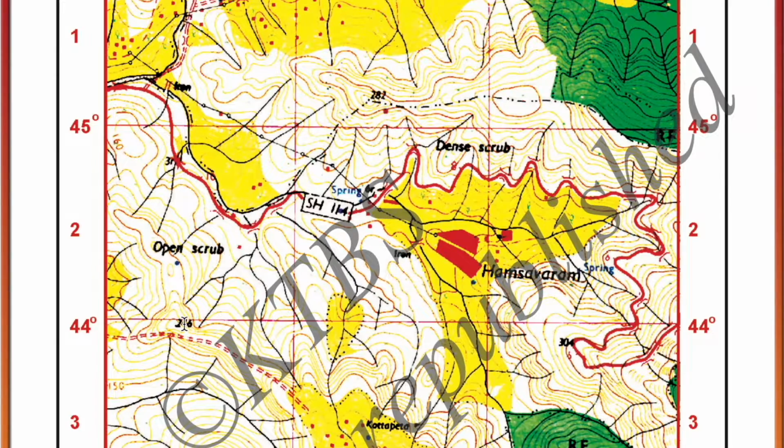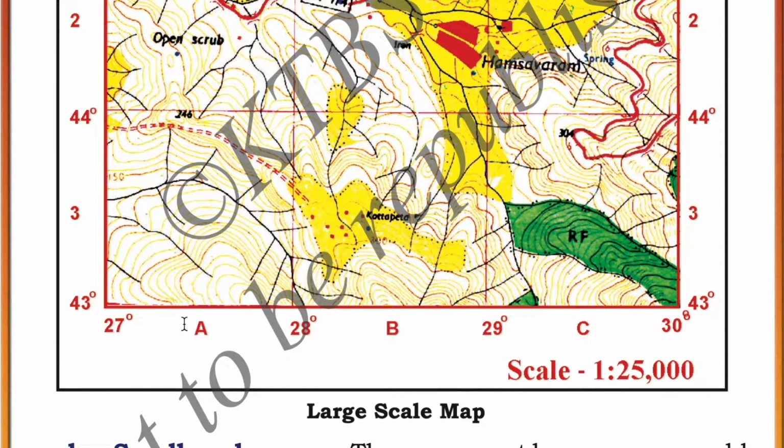Here we have a diagrammatic representation. This is a large scale map. So you need to learn how you can read the scale that is present in a map. Over here you have a ratio, that is 1 is to 25,000.